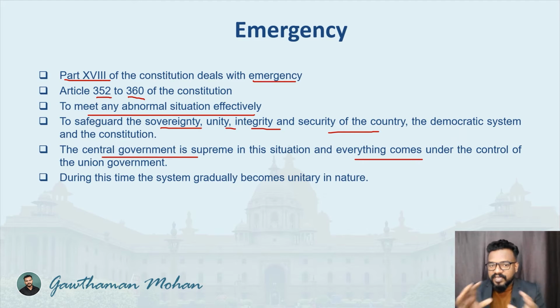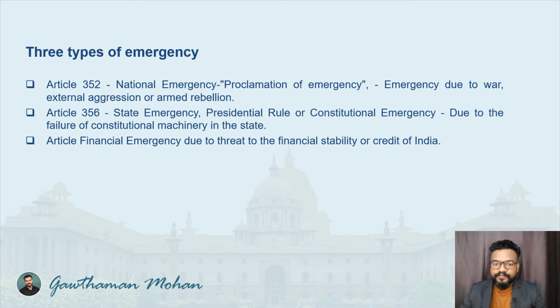We are considered a quasi-federal system, a blend of unitary and federal systems. Sometimes the unitary nature is supreme, and one such circumstance is the declaration of emergency in a state. During this time the union government becomes more powerful and gets the nature of a unitary form of government.